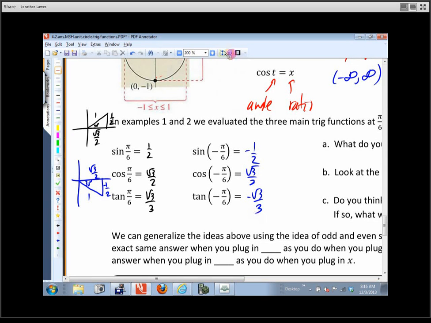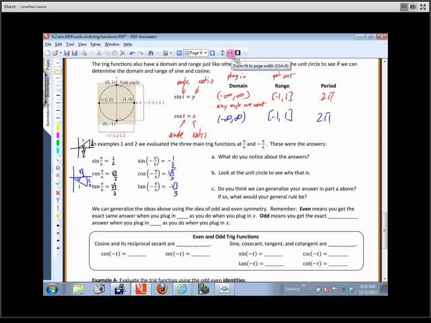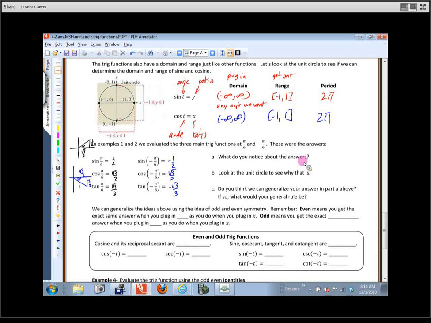So let's think about this for just a second. What do you notice about the answers? So the answer to sine of pi/6 and the answer to sine of negative pi/6. Okay, the y changed sign. So this is the same number, but it's the opposite sign. Same for this one right here. Same number, but opposite sign.